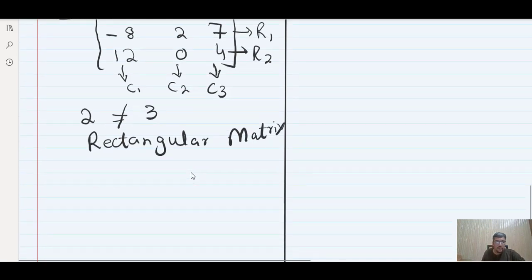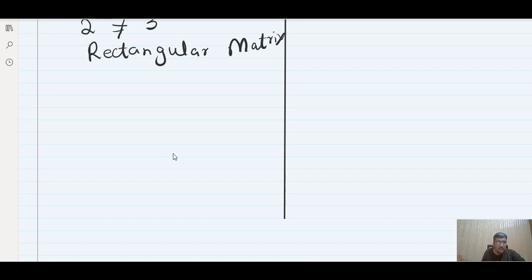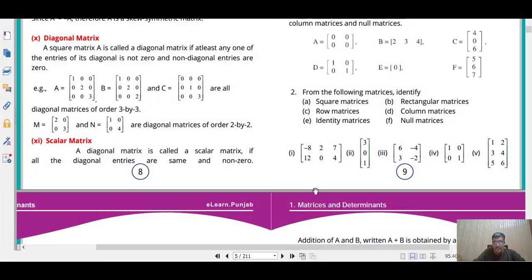Now I am going to solve one more part. This was the first part. I am going to solve question 2, second part. In the second part, the entries are in vertical form, 3, 0 and 1.